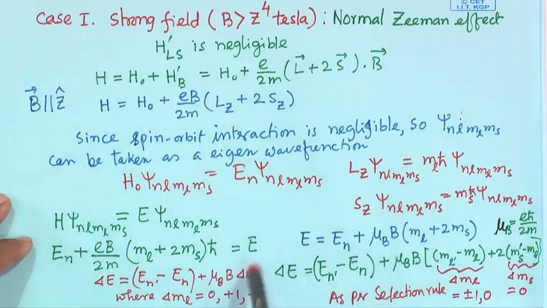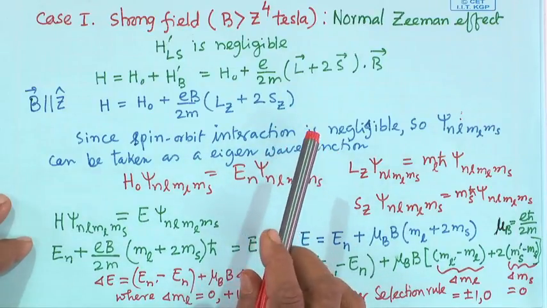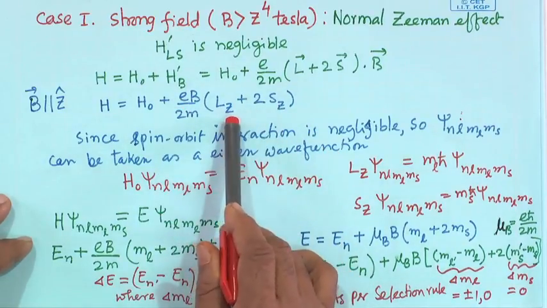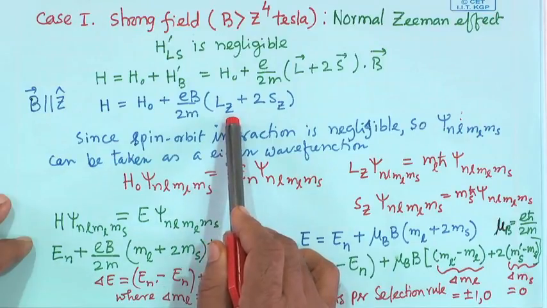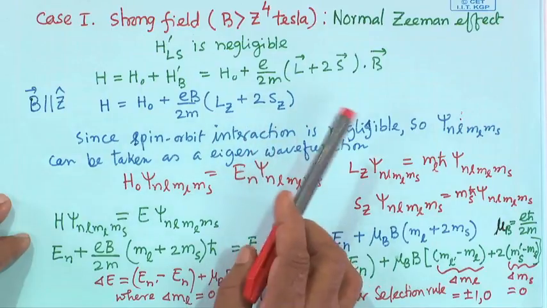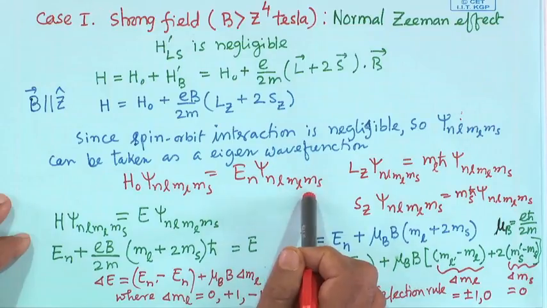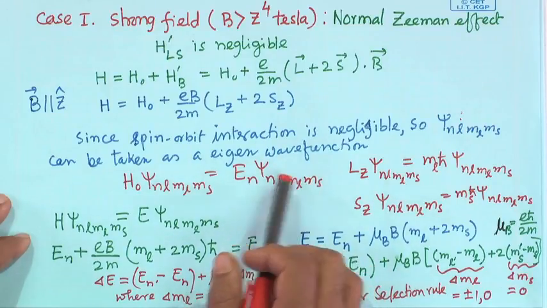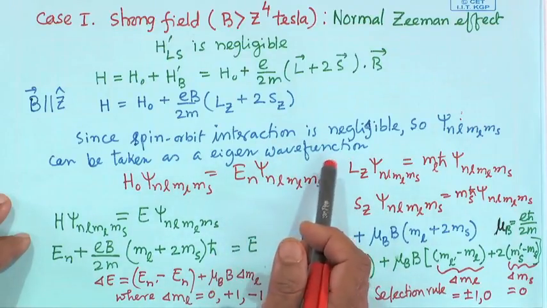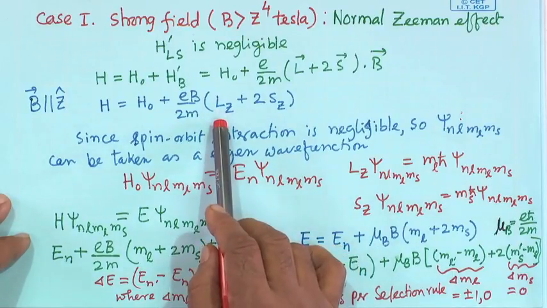How to calculate that, we already know. If we see that this operator commutes with H 0, then this psi n l m l m s will be a simultaneous wave function and we will get the eigenvalues for these operators L z and S z.